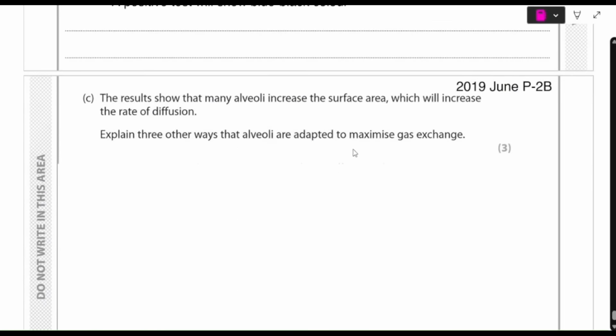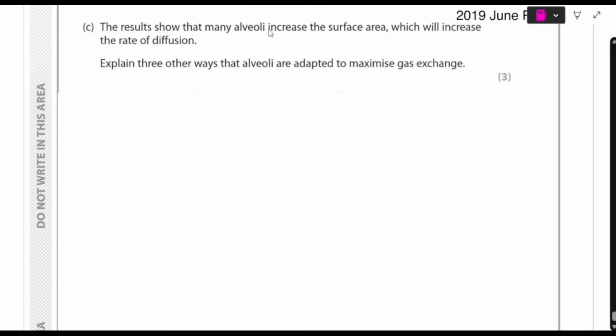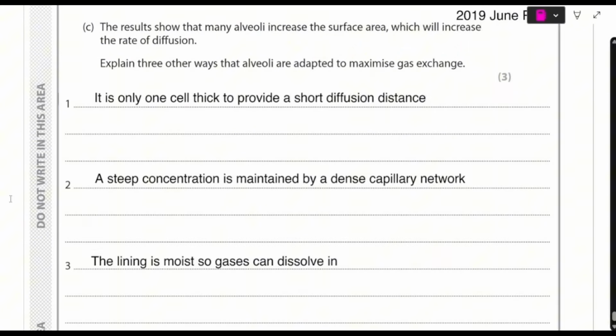The result shows many alveoli increase the surface area, which increases the rate of diffusion. Explain three other ways that alveoli are adapted to maximize gas exchange. So there are many adaptations. Alveoli have thin walls, a good supply of blood, and are moist.